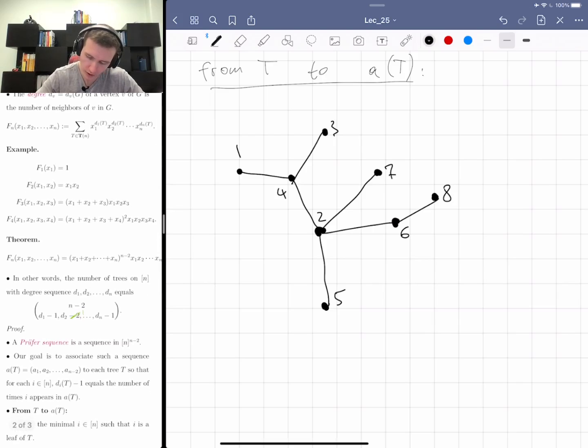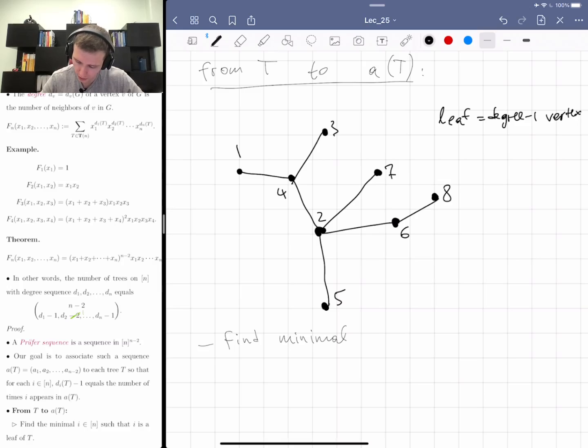Remember, a leaf is a vertex of degree 1. So the first step is to find the minimal leaf i in bracket n, just the minimal label of a leaf, which in this case is 1. 1 is a leaf and 1 is the smallest number.